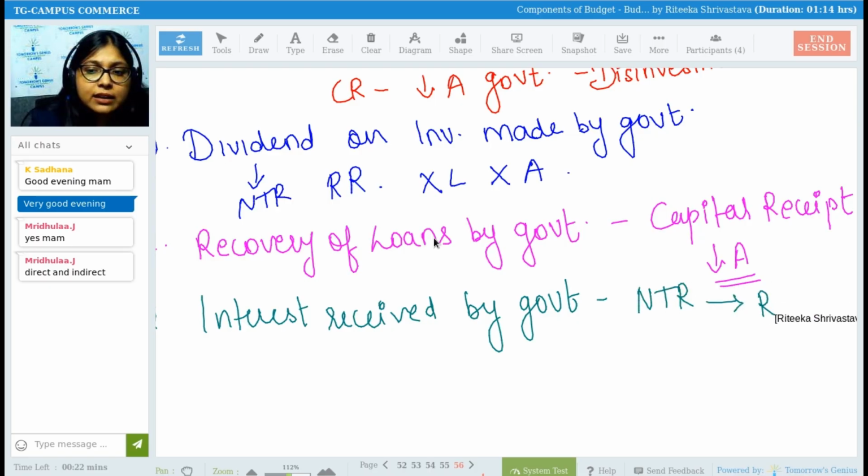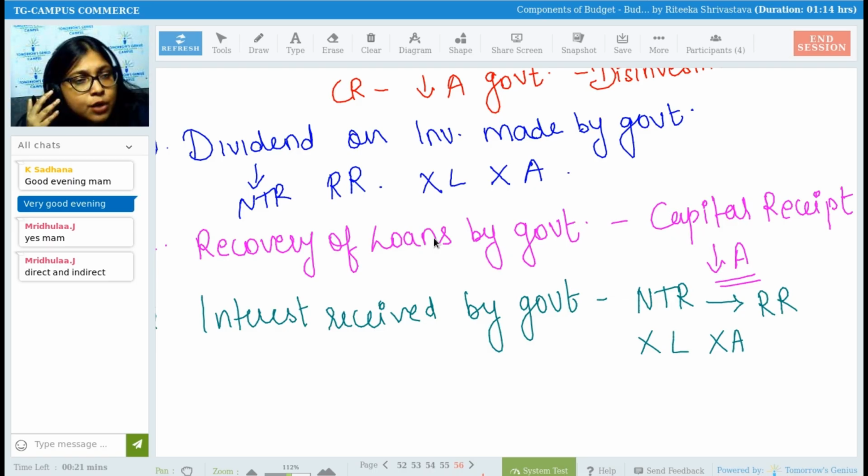Non-tax revenue is clearly part of revenue receipts, because when the government receives interest, it neither creates a liability nor reduces the assets of the government. Very simple, if you all remember the points, it is simpler to answer. Fees is also part of non-tax revenue. Anything which is a non-tax item will directly go to revenue receipt.